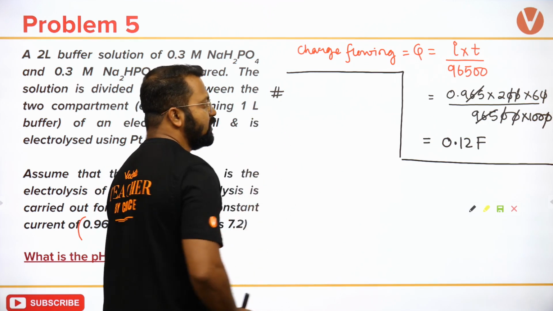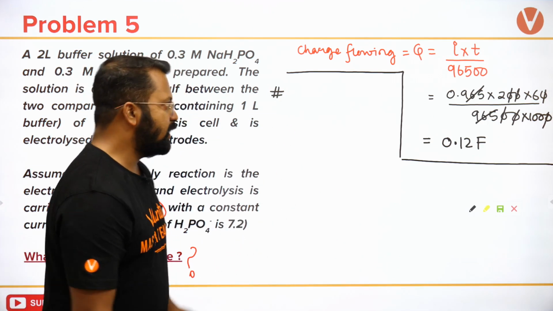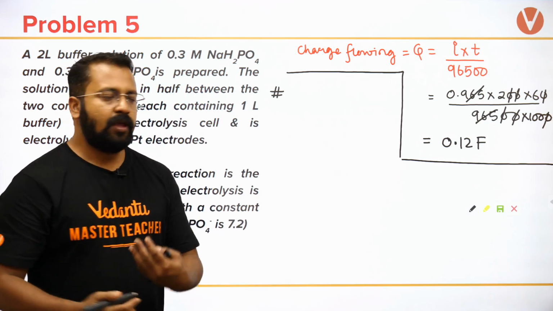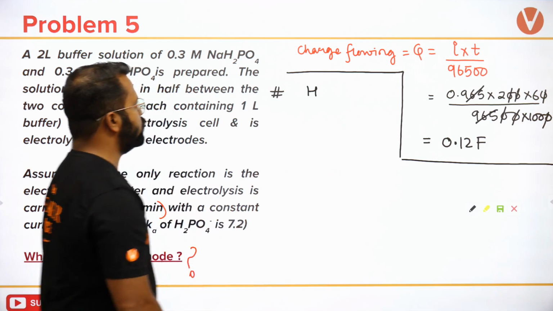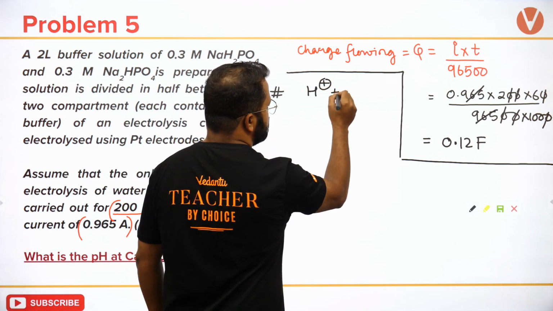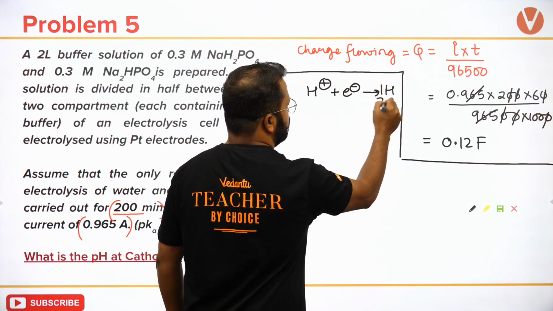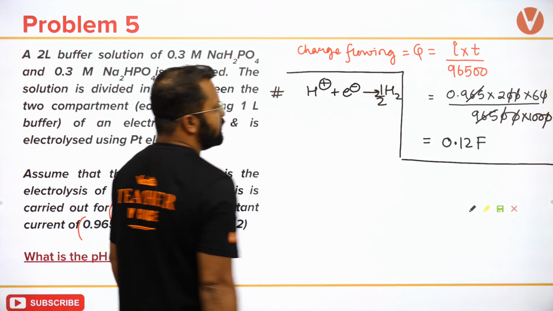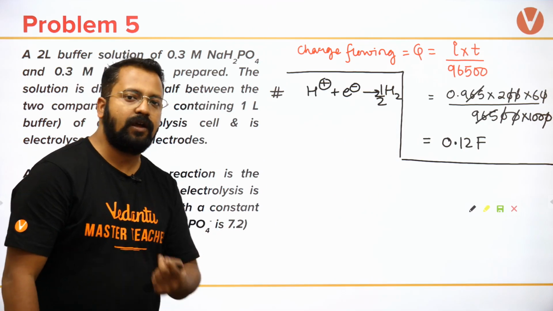we will try to identify what reaction would be taking place. If I pass 0.12 Faraday and this is a solution where H plus ions will be present because this is a buffer solution, each H plus ion will require one electron.